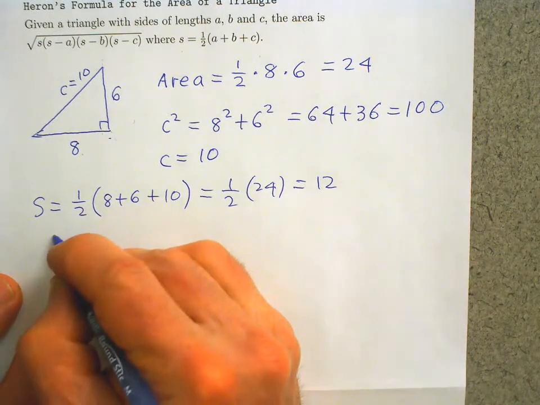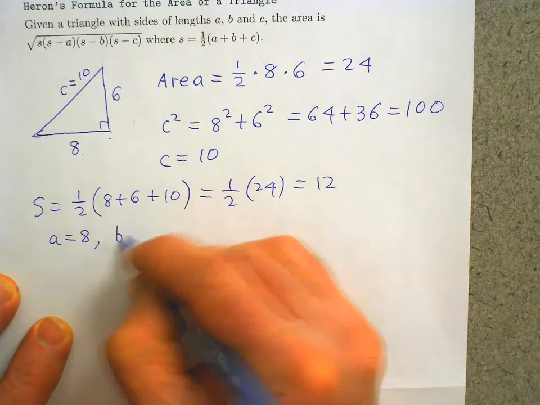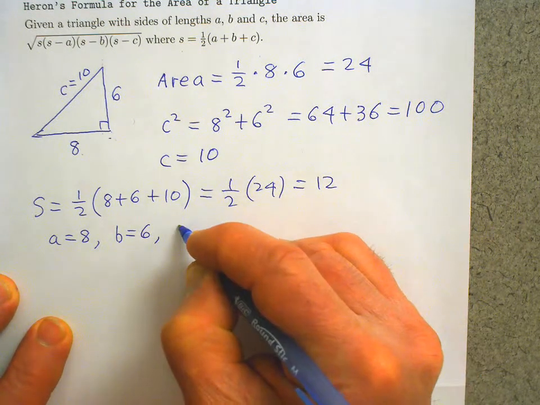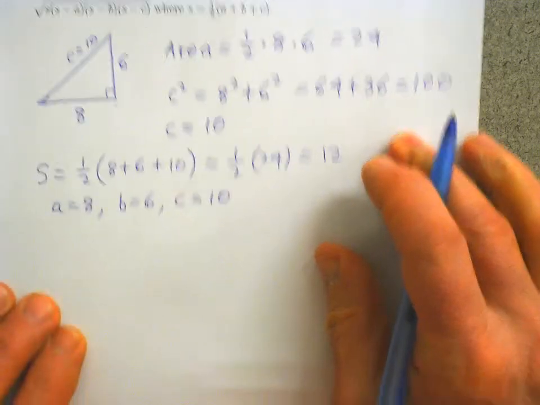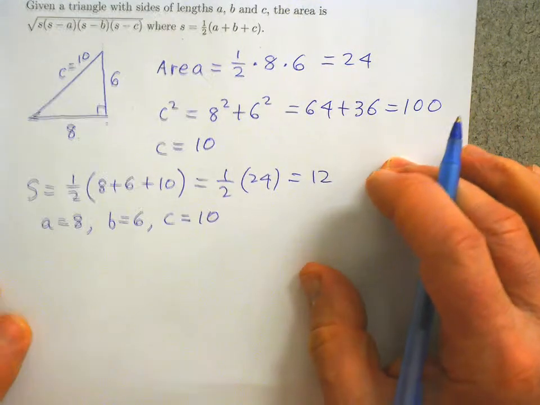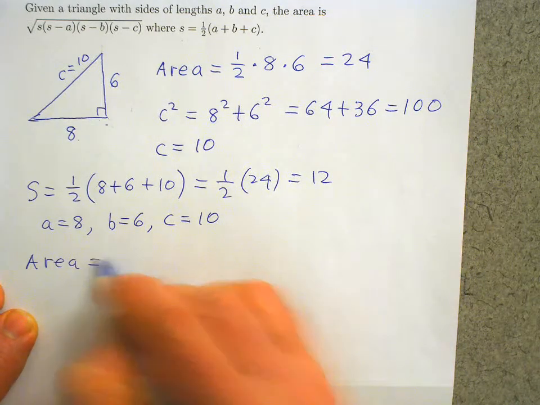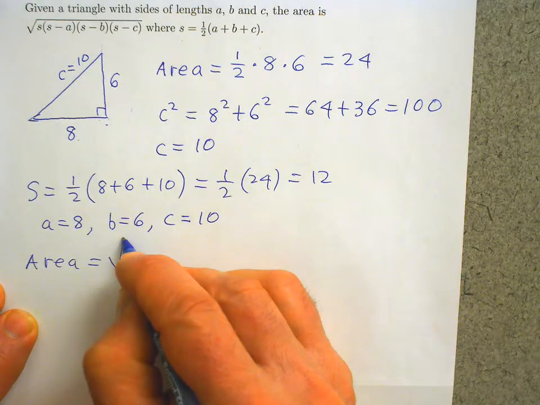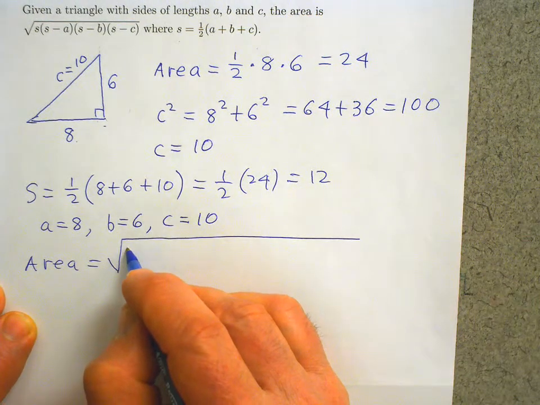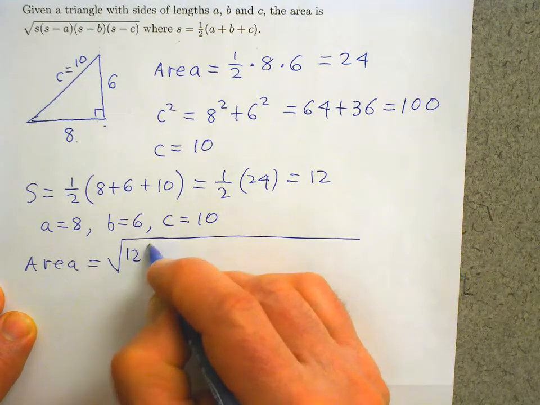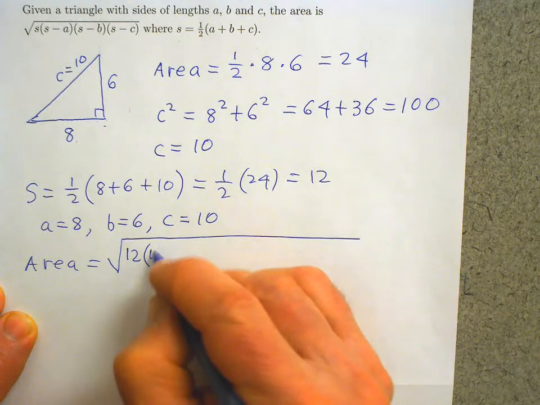Okay, if we assign A to be 8 and B to be 6 and C to be 10, then our area, using that formula, is the square root of S, which is 12, and then S minus A is 12 minus 8.